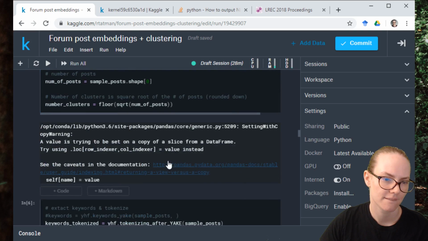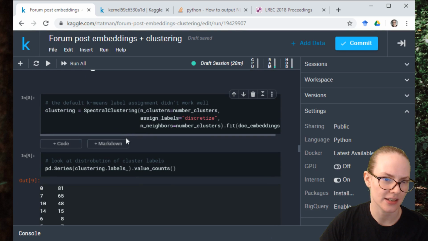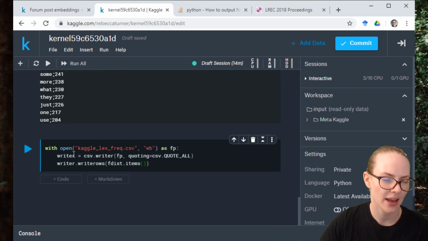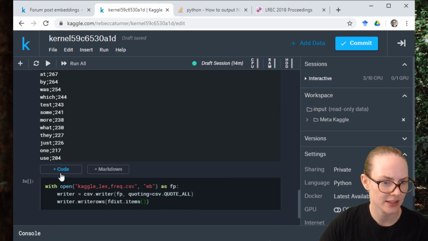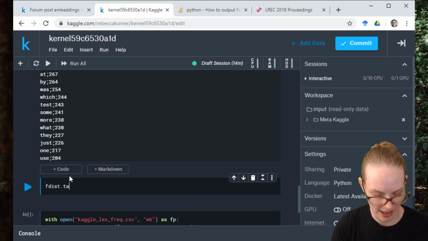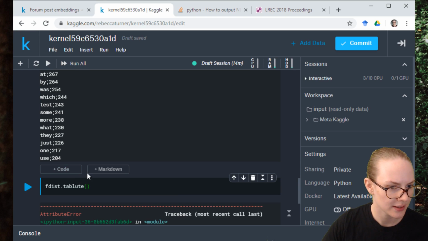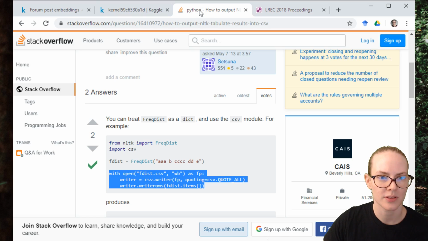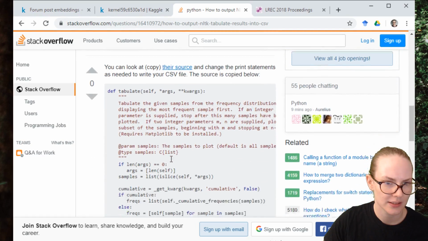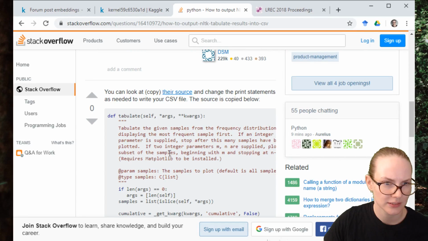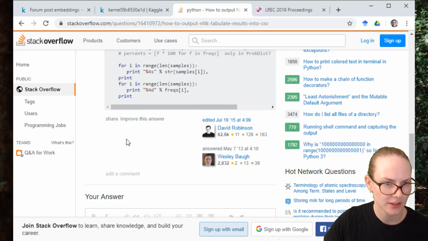Actually, I think I can do all of the things that I need to do right in here. Yeah, I'm pretty sure I can. Okay, let's double check. So I think I can do fdist dot tabulate, right? Fdist has no attribute tabulate. Definitely saw someone use it. Arguments. Okay.